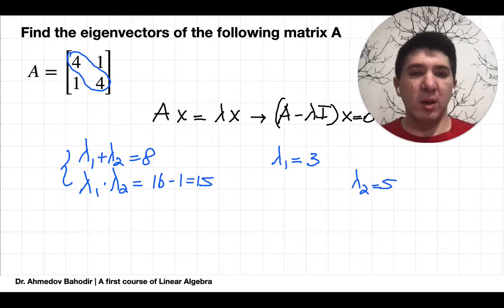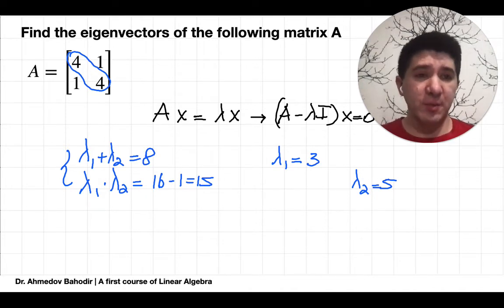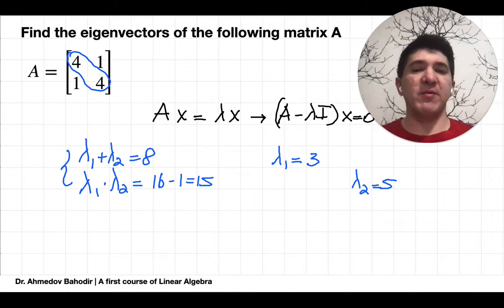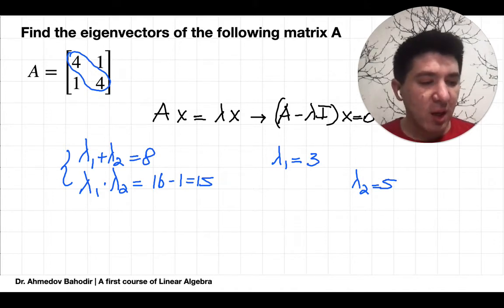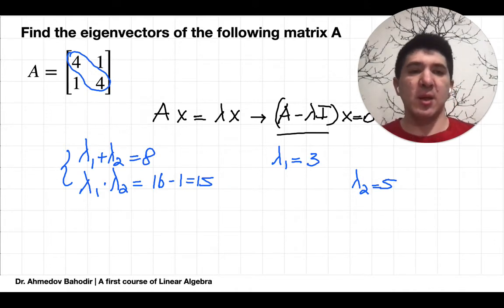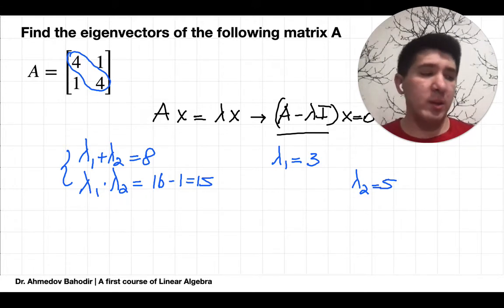So we are looking for the vectors x which make the multiplication by a matrix equal to 0, which is essentially the definition of a null space. So we need to basically find the special solutions of this matrix, whose determinant is obviously equal to 0, to find the eigenvectors. We are going to do this for these two eigenvalues one by one.